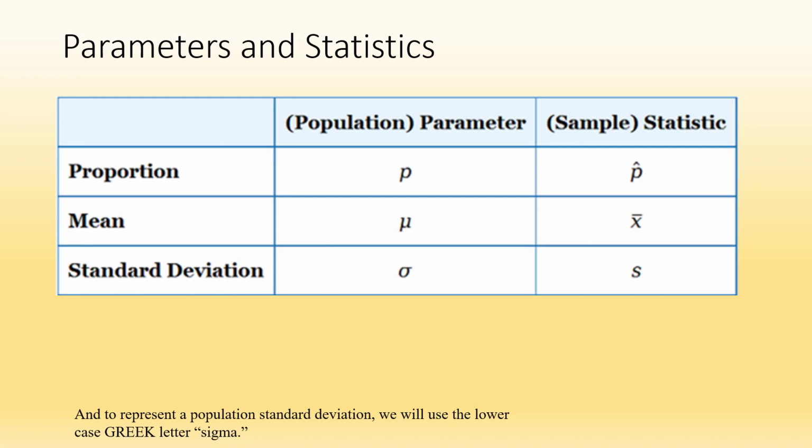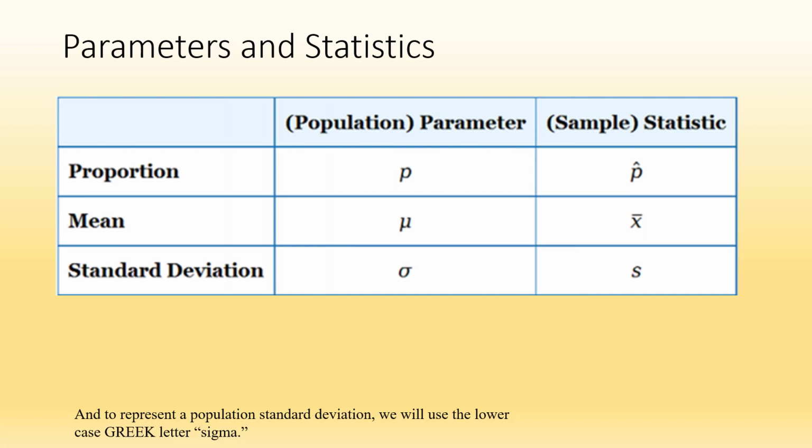A parameter is a number that describes some aspect of the population. These are fixed quantities, which are usually unknown. Some examples are the population mean, the population proportion, and the population standard deviation, but there are many more. Here we see the notations we will use to represent these concepts in our course. To represent a population proportion, we will use the lowercase letter p.